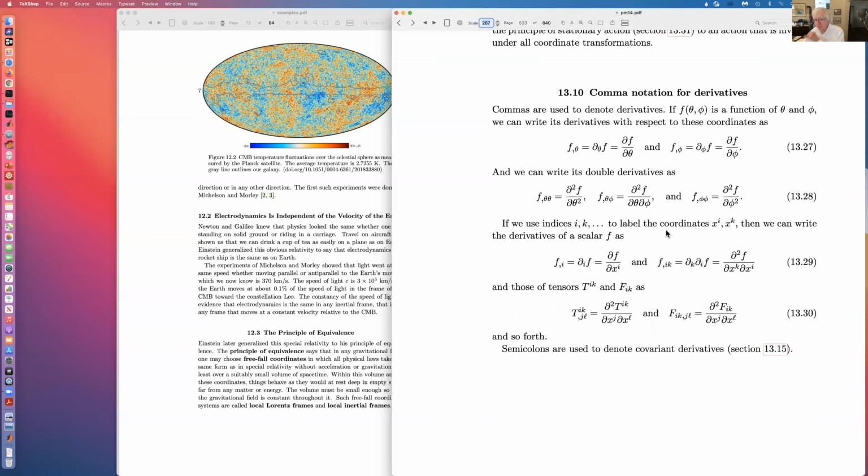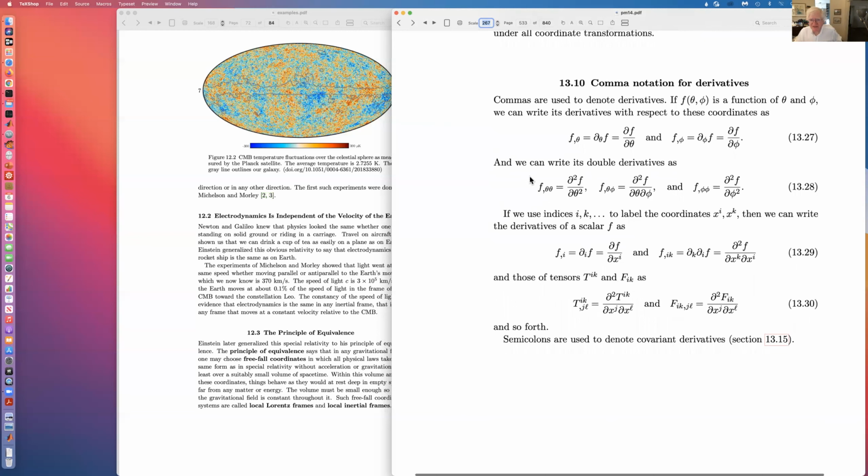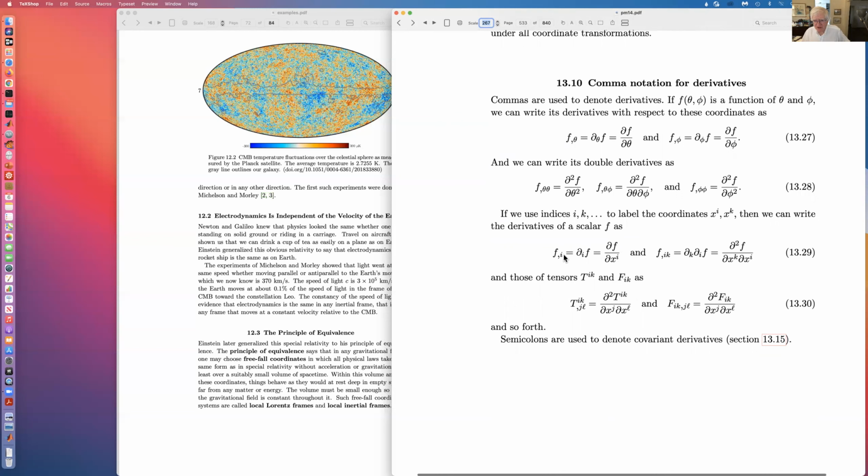Anyway, the one advantage of using indices, of course, is that you can then write d sub partial sub i to represent that. Partial f sub comma ik means a double partial. It looks like this.